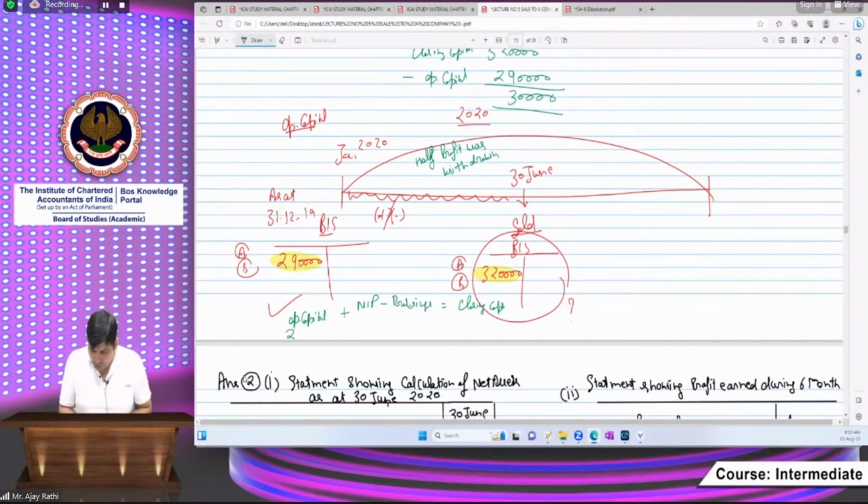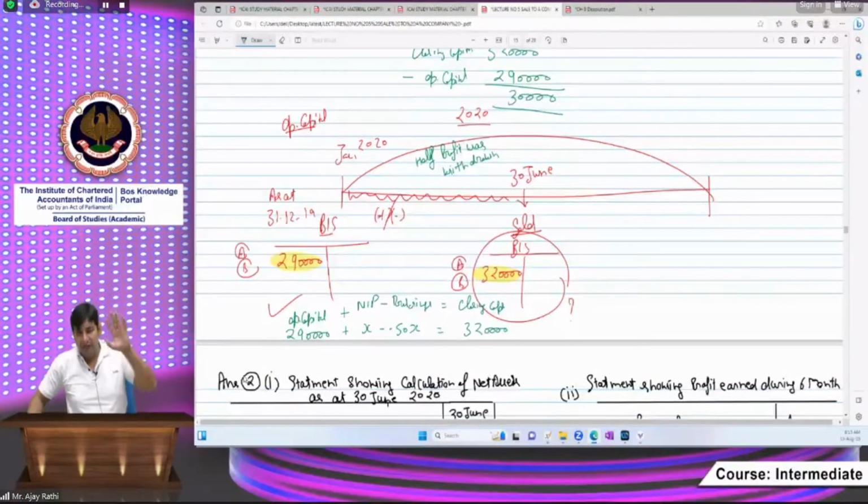Opening capital 2,90,000 plus X, if X is the profit that has been earned, then drawings are 50% of X, minus 0.50X, is equal to 3,20,000. It means the difference between closing capital and opening capital is just half of the profit earned, because half of the profit has been withdrawn. The capital was raised with the full profit, but that has also been reduced by half. Can I say this?